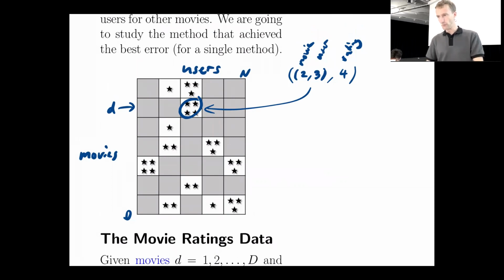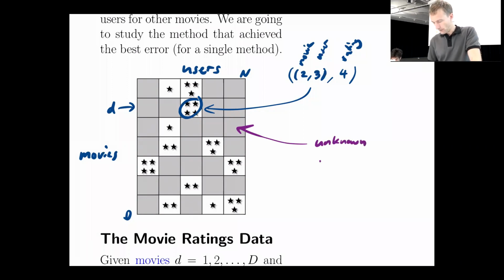So I hope the setup makes sense. And again about the data availability, most of these gray entries are really unknown, and you want to predict them, right?